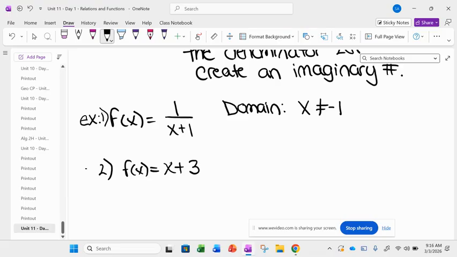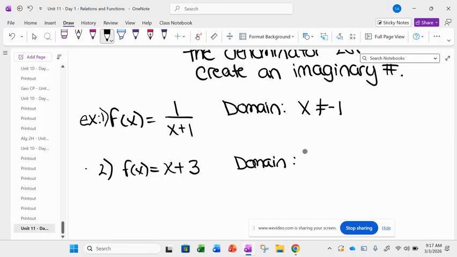So remember, if I'm asking you the domain, your go-to is, the domain is all real numbers, except if there's something that will make a denominator 0 or something that can create an imaginary number. Well, in this function, f of x equals x plus 3, is there any of those restrictions? Anything that will make a denominator of 0 or an imaginary number? No, since there's none of those restrictions, what would be the domain here? The domain is all real numbers.